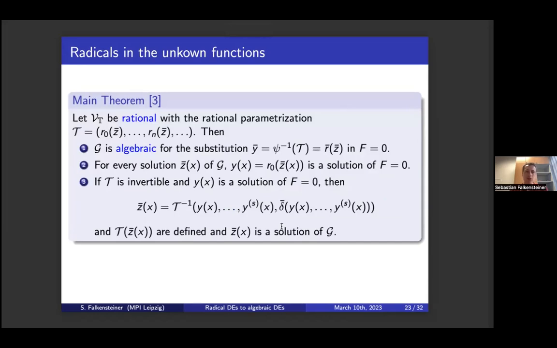Okay, so when do we obtain an algebraic system G? The answer is similar to before. We take a look at a tau variety, and if it's rational, so having a rational parametrization, then the resulting system will be algebraic again.